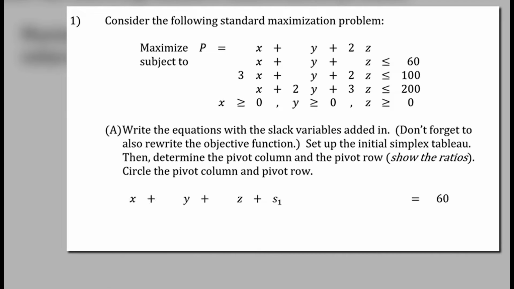Adding the slack variable to the first constraint, the second, the third, and finally, we also have to subtract everything over to the same side as p in the objective function to get equaling 0 on the other side.